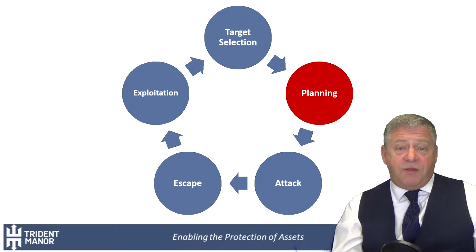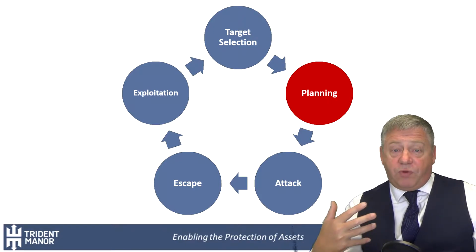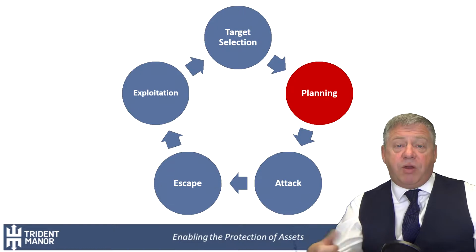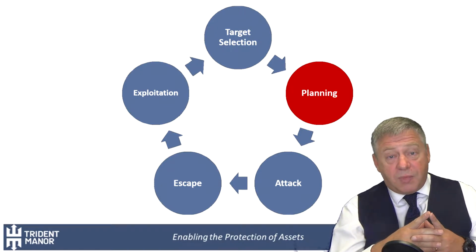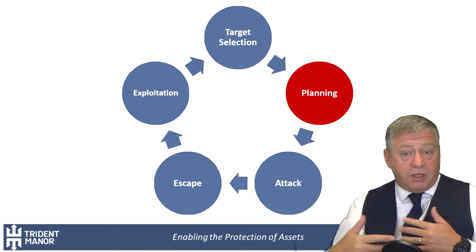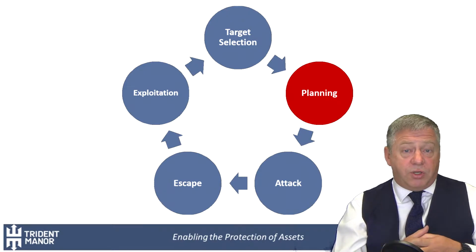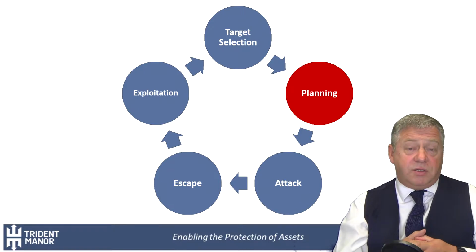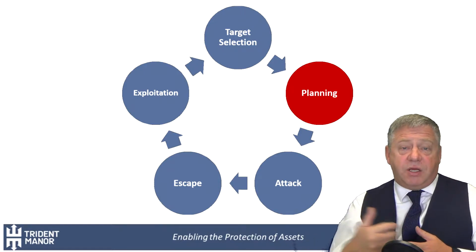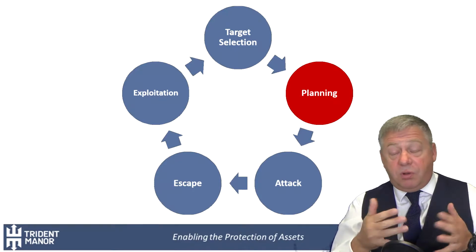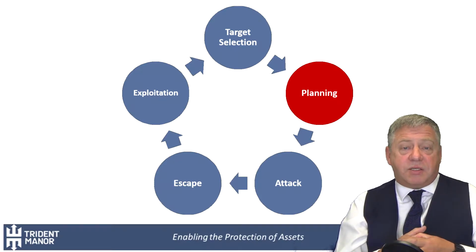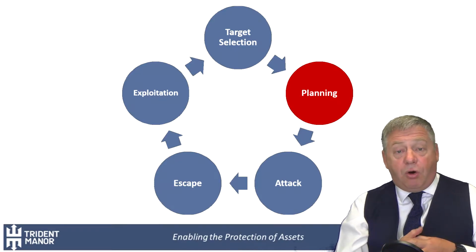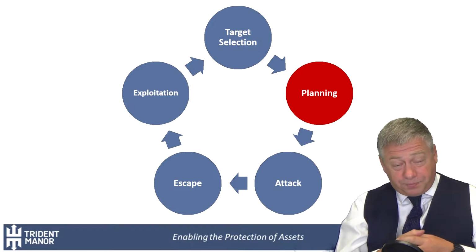Once they've identified the target, they then move on to planning how they are actually going to conduct the attack. This will look at logistics, routes to the target, movements of the target, and vulnerabilities of the target, whatever actions the target takes that make the life of the attacker easier or the chance of success more likely.